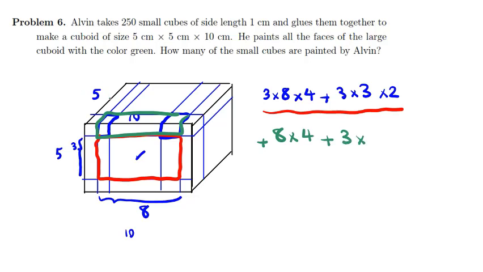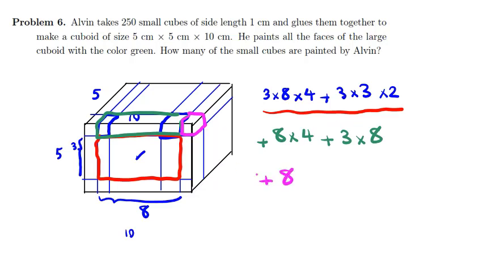How many edges of 5 do we have? 1, 2, 3, 4 for this, also 1, 2, 3, 4. And the last part, let me write with pink. These cubes, how many corners do we have? Here, look, the number of edges: we have 4 plus 8, 12, because we have 12 edges, 4 of them with length 10, and 8 of them with length 5.